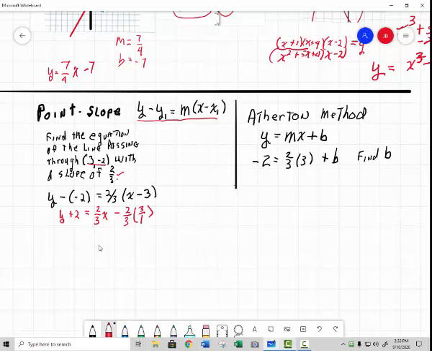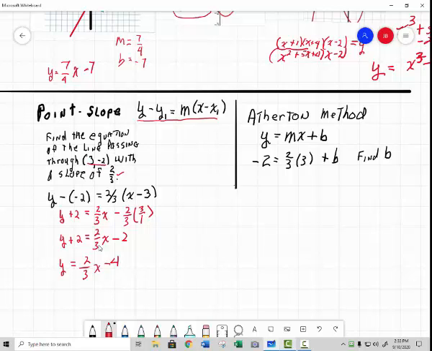And you can see that these two are going to cancel, so I'll end up with y plus 2 equals 2/3 x minus 2. If I subtract 2 from both sides of the equation, I get y equals 2/3 x minus 4. There's the equation of my line.